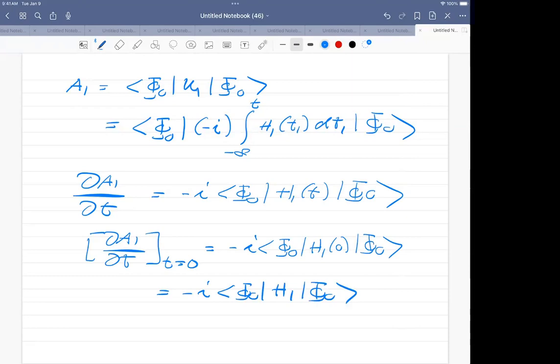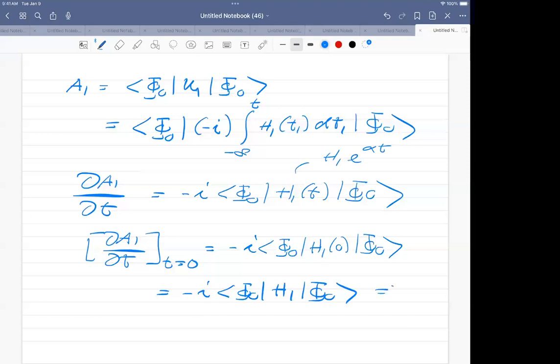Because this H_I, when I plugged in the time dependence, was actually given by H_I times e^(alpha t). So I'm taking the limit where alpha goes to 0, and then I'm taking the time t equals 0, and t equals 0 is the same as the time-independent Hamiltonian. And we have assumed that the Hamiltonian does not depend on time. That's a basic assumption we made here.